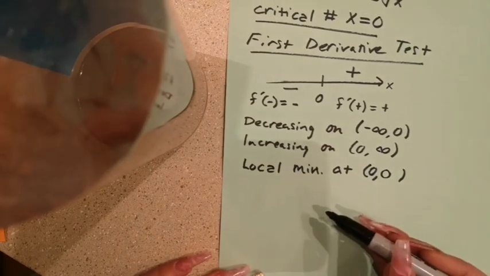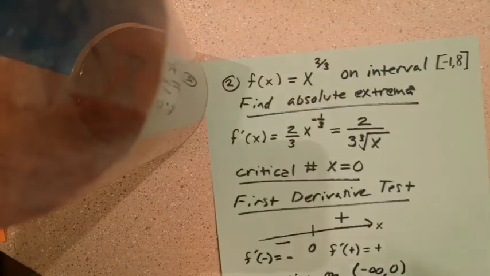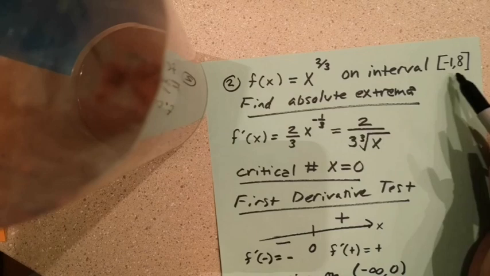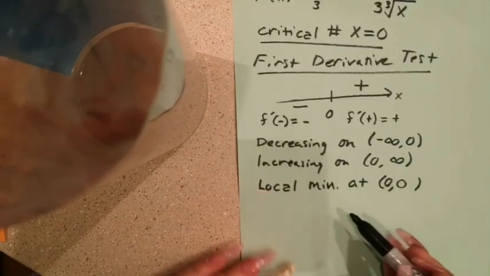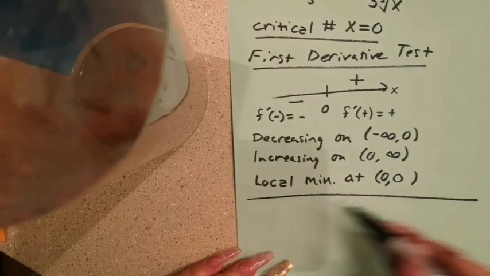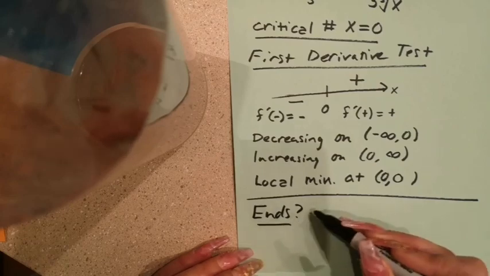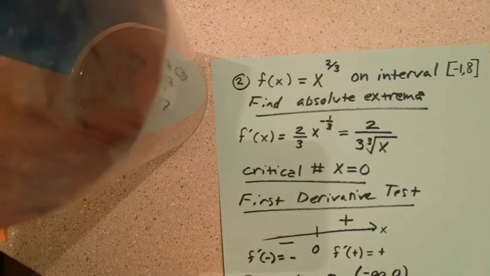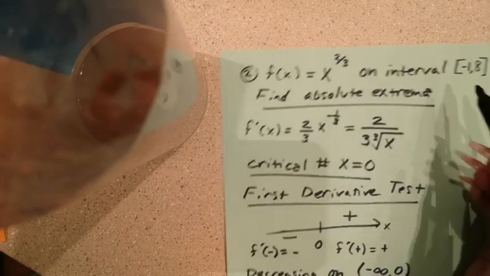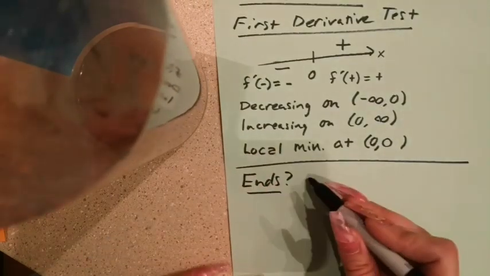The only other thing I'm wondering about is, remember, I'm only interested in this function for x between -1 and 8. So I really only have a segment of a graph here. I'm curious what happens on the ends. Let me look at that first value, x = -1.